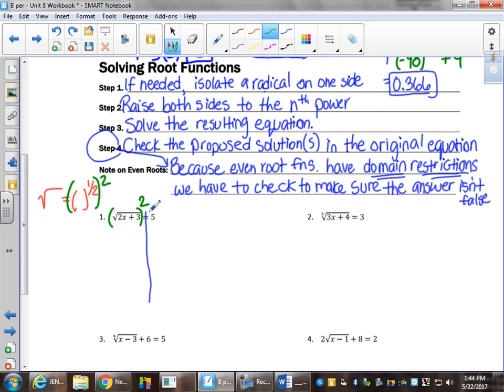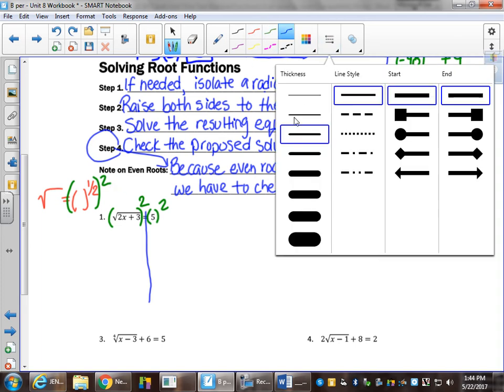If I raise the left side to the second power, I need to raise the right side to the second power. The square root and the square cancel each other out because what you're really doing is what we took notes on right here. Square root is the same thing as raising something to the 1/2. 1/2 times 2, that equals 1.